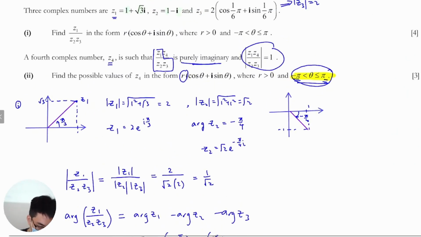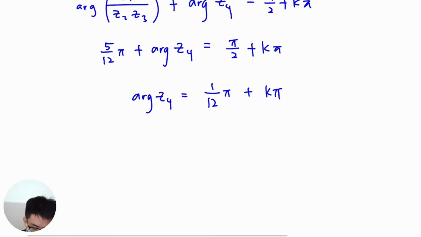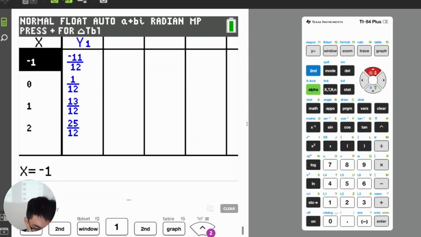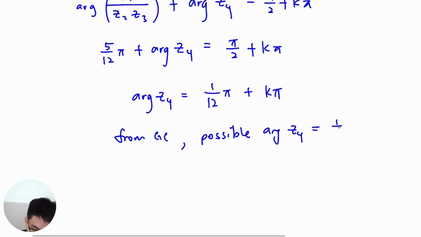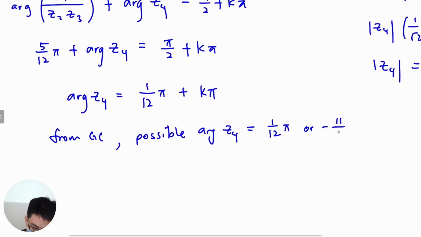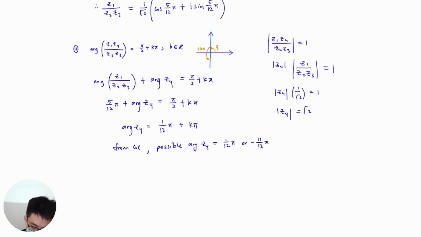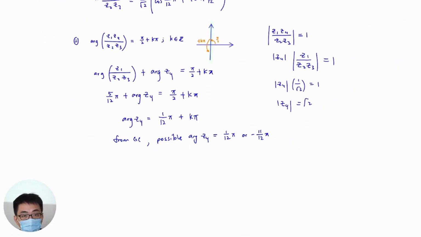So 1 over 12. Okay. I think this is pretty okay.